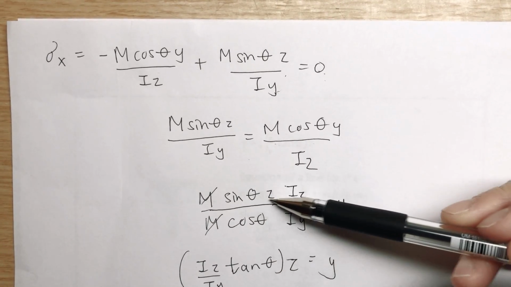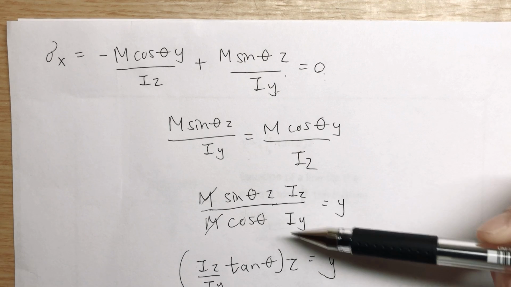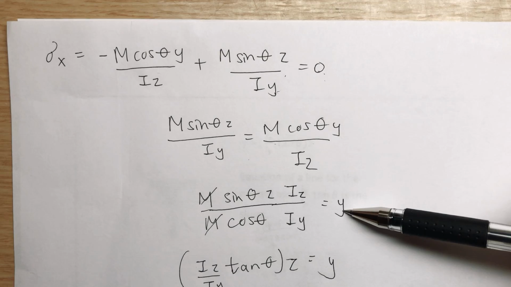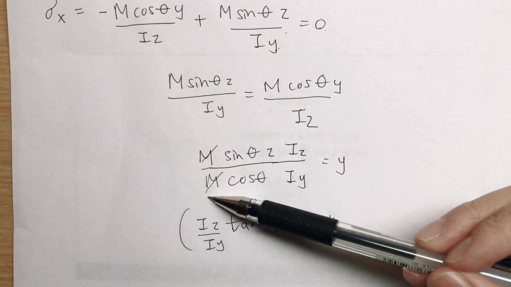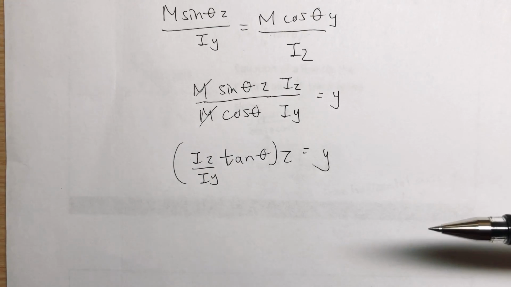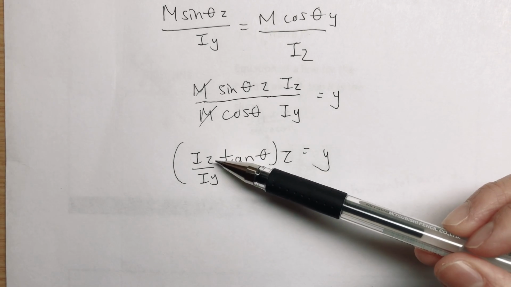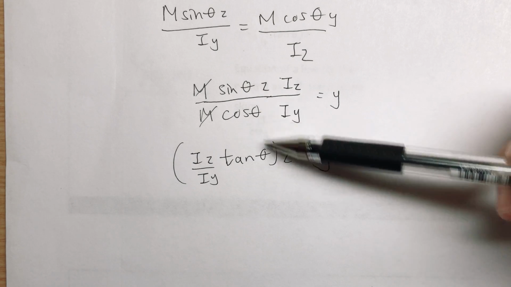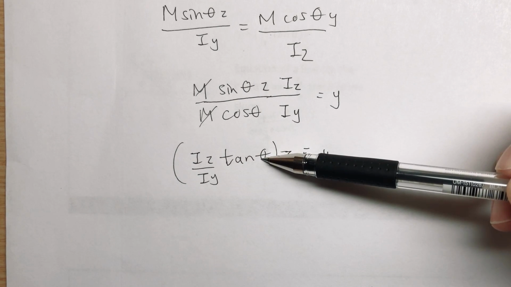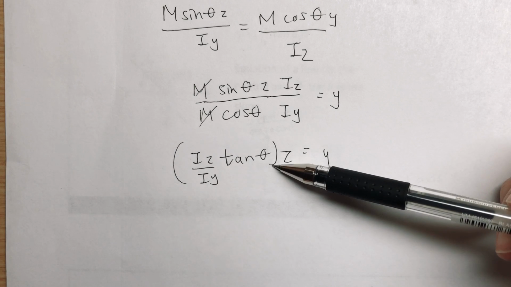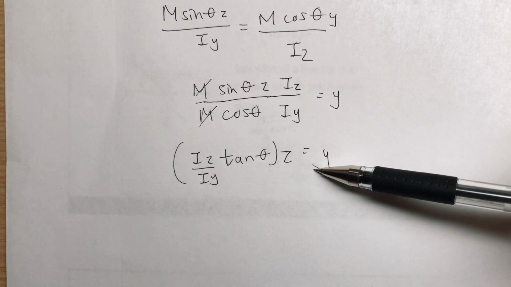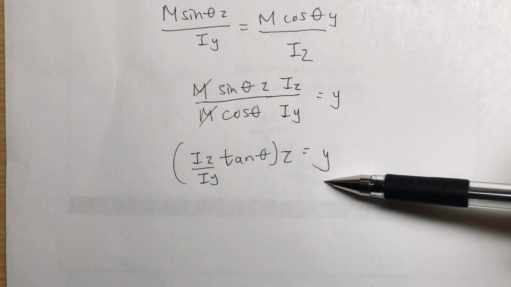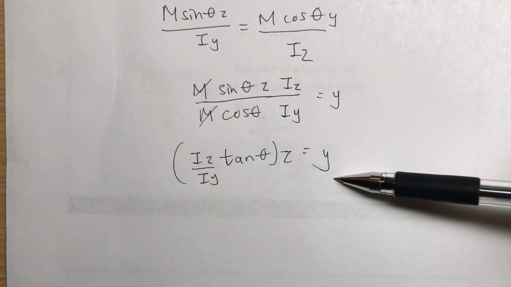So M sine theta z over M cosine theta Iy equals y. The moments cancel out. So Iz tan theta, since sine theta over cosine theta is tan theta. So Iz tan theta over Iy times z equals y. Basically we have an equation of a line here.